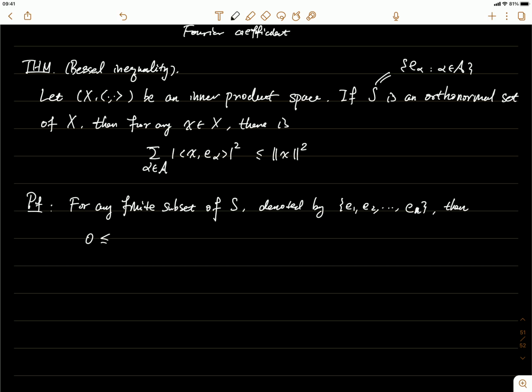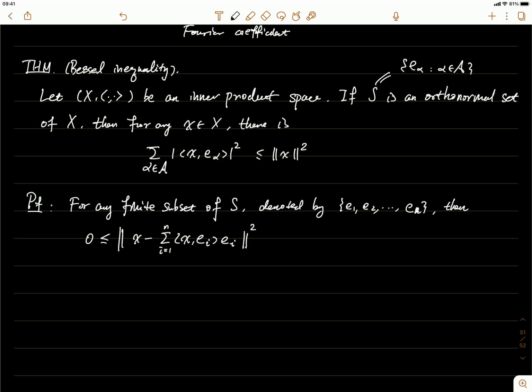First of all, when we take the norm of x minus the sum of the inner product of x and e_i times e_i, i from 1 to n, it's just like a linear combination or representation of x using just these, where the coefficients are given by the Fourier coefficients before. And since this is not necessarily a basis, I know that at least this is greater than or equal to 0 since it's a norm.